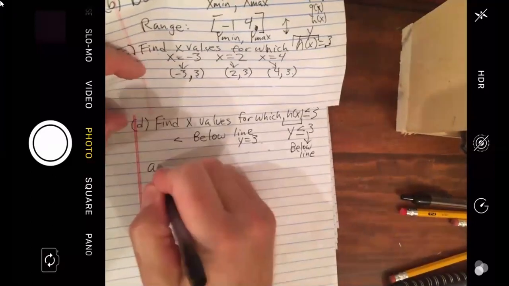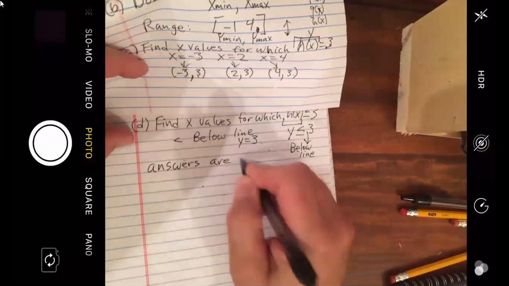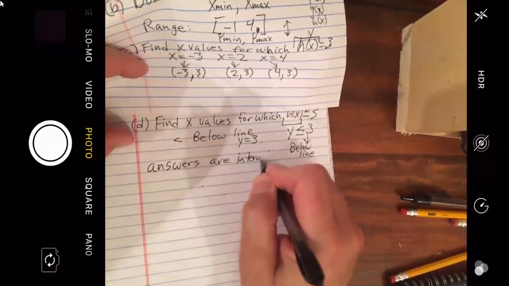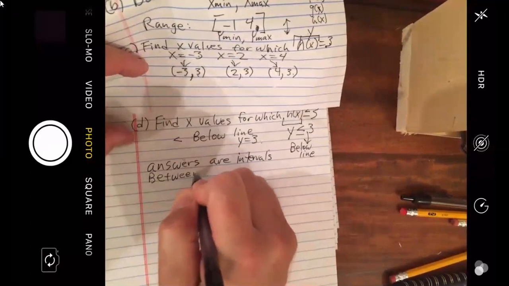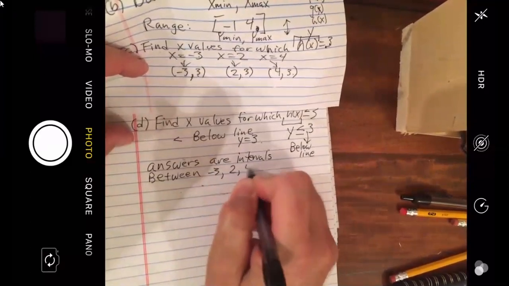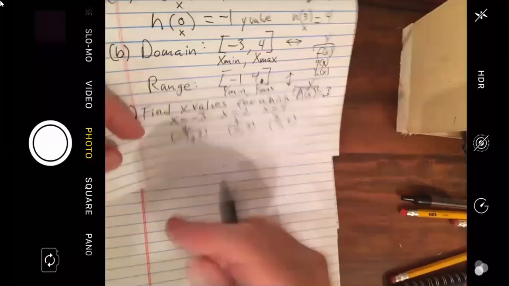Okay, so your answers are intervals between -3, 2, and 4. It's tough to redraw it right here.